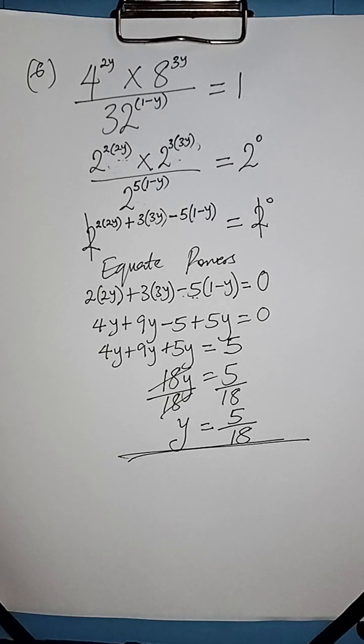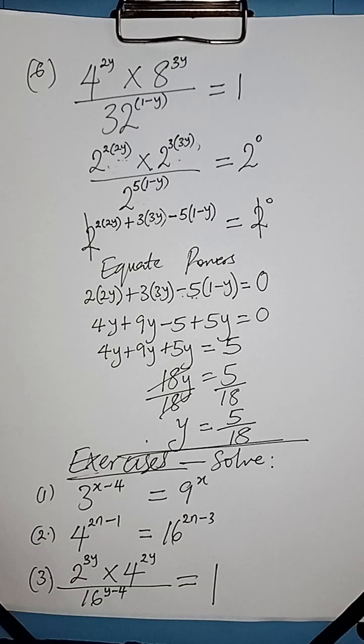Easy peasy, right? Okay, please, you're going to do this for me. Exercise it. You have to solve number 1: 3 raised to power x minus 4 equals 9 raised to power x. Number 2: 4 raised to power 2n minus 1 equals 16 raised to power 2n minus 3.